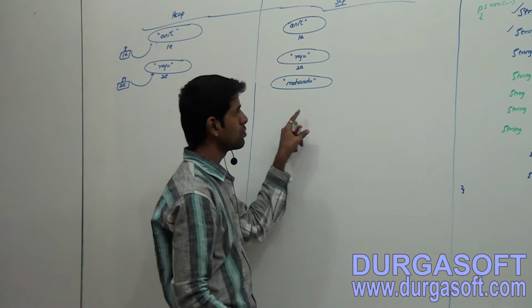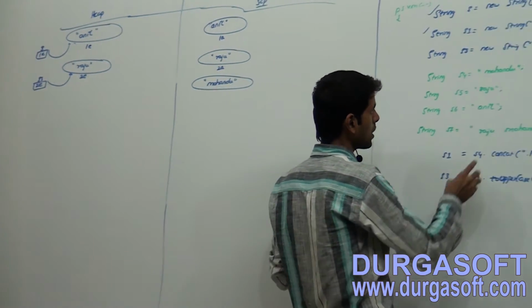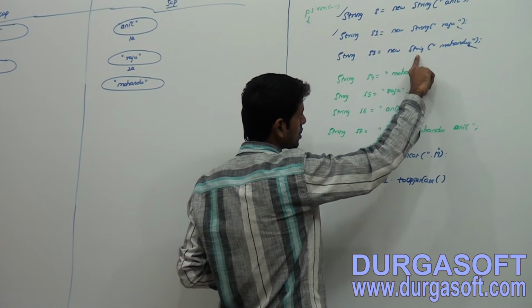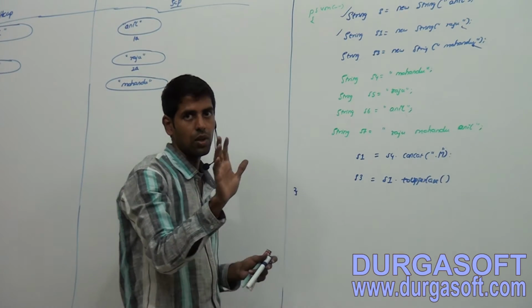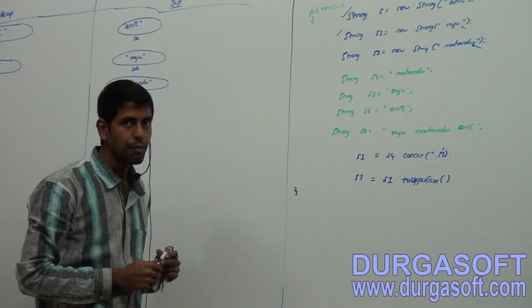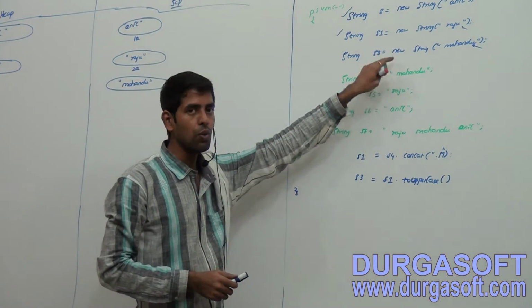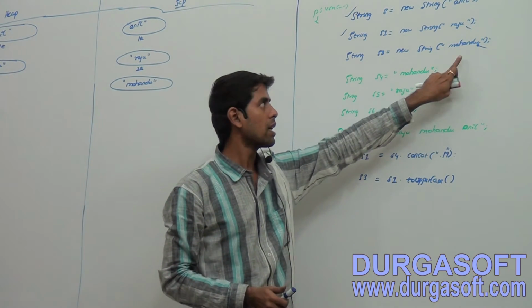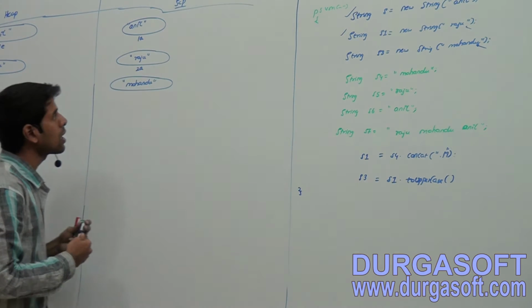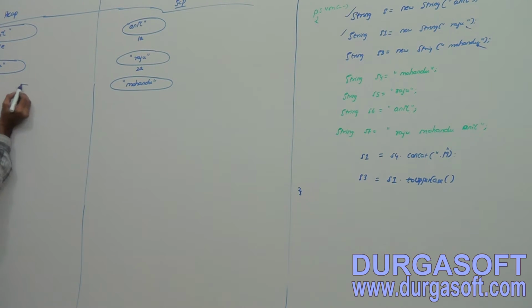Now observe. Now it encountered a constructor, and also a new keyword. What happens because of this? Because of this, a new object will get created at the heap area with the data. Move and do. Now observe.